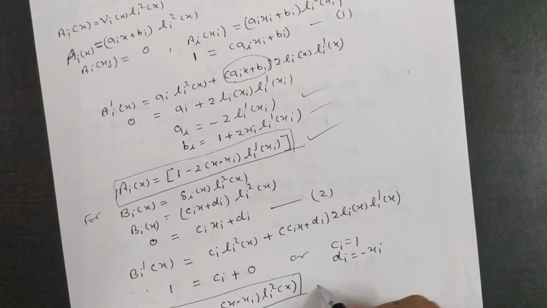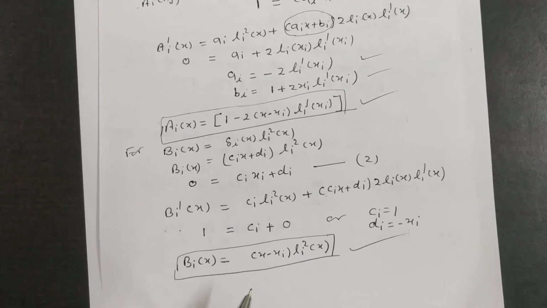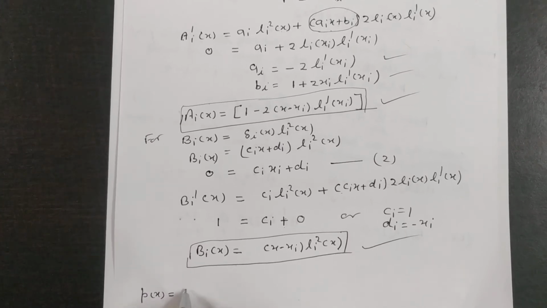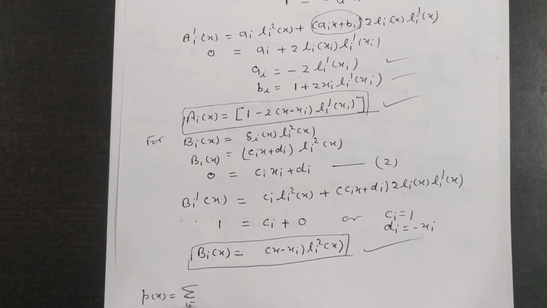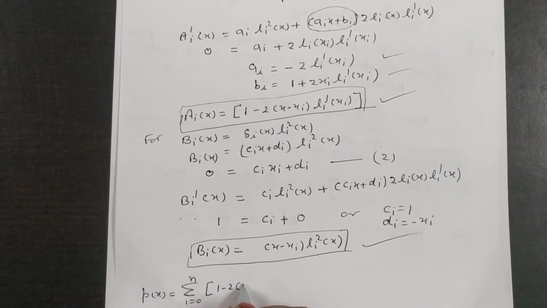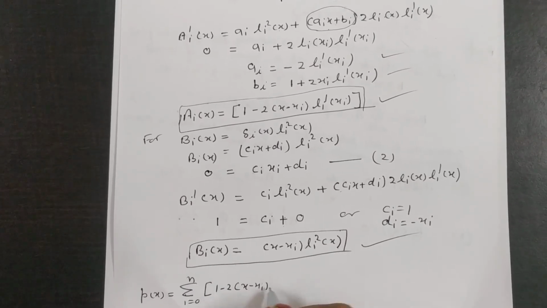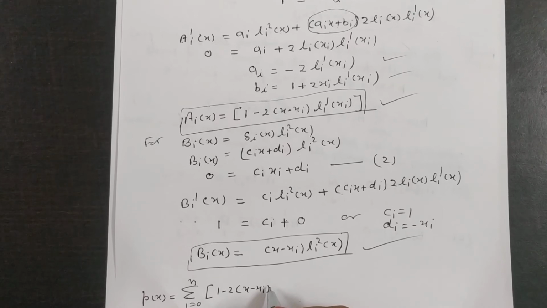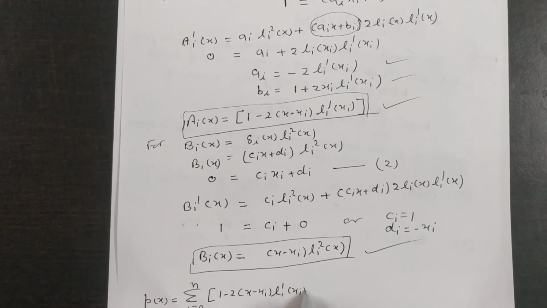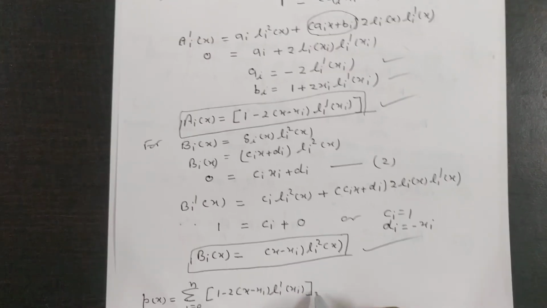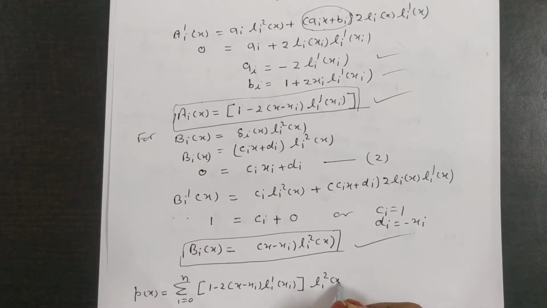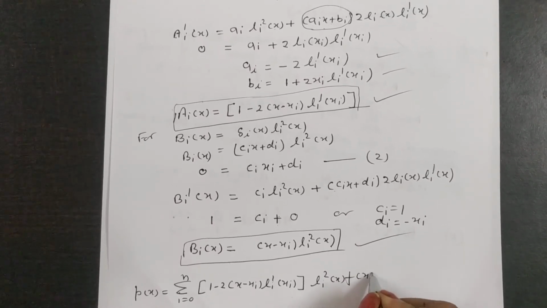Substituting these values, you get Px equal to sigma i varying from 0 to n of 1 minus 2 times x minus xi li dash xi, times li square x and also f xi, the first term.